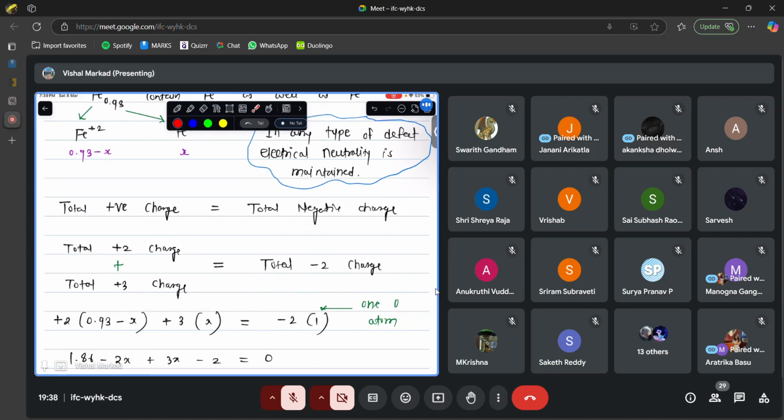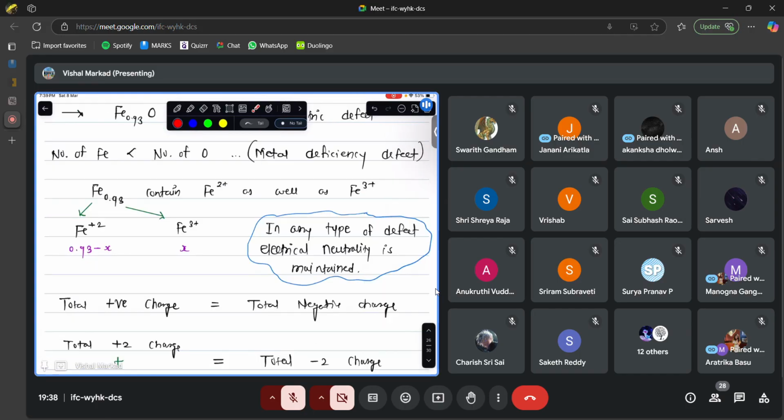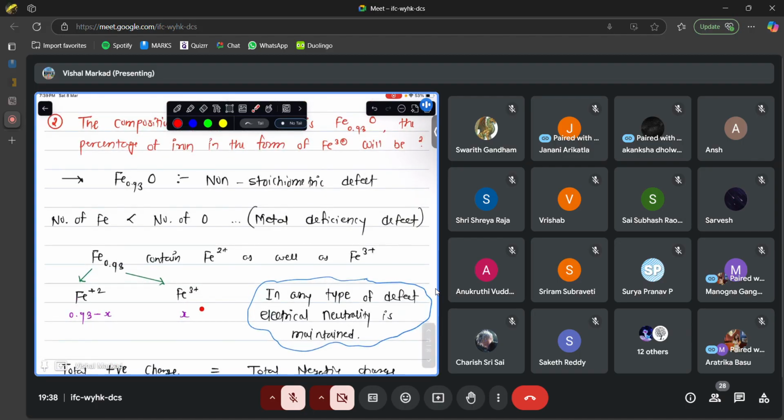Do you understand this? Yes, sir. Total negative charge we calculated as -2, and how many oxygen atoms are there? Only one oxygen atom, so 1. From here, we'll get the value of X. X stands for the number of Fe3+.